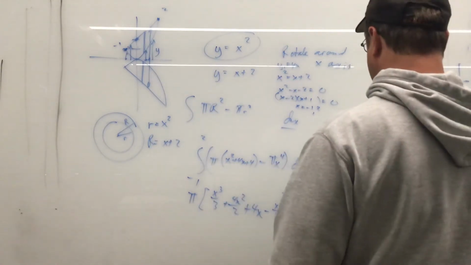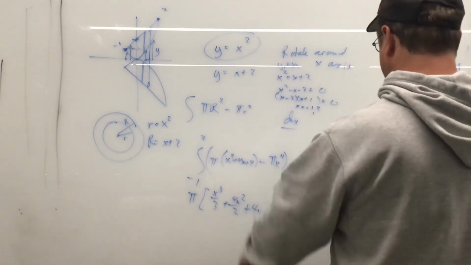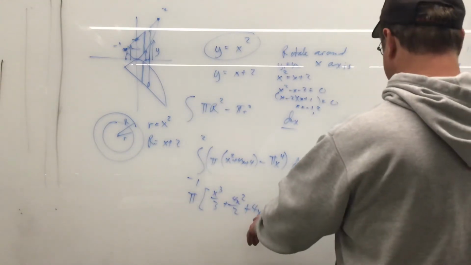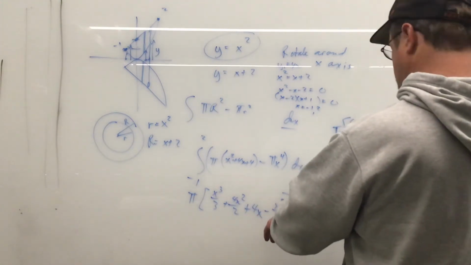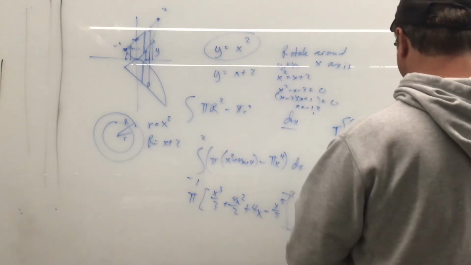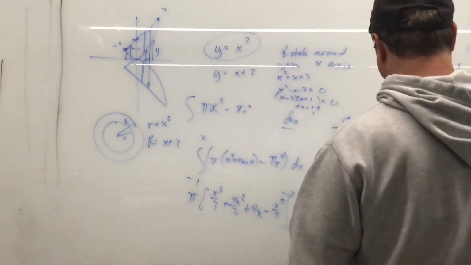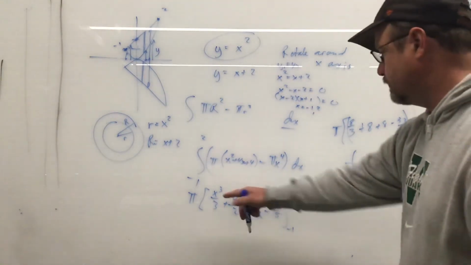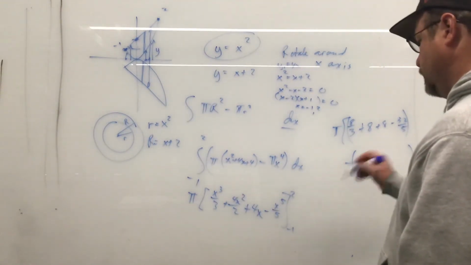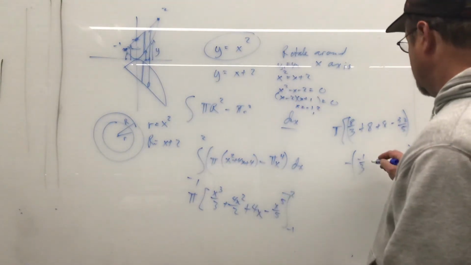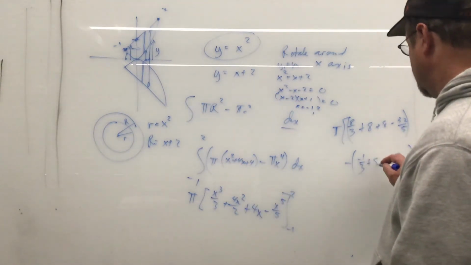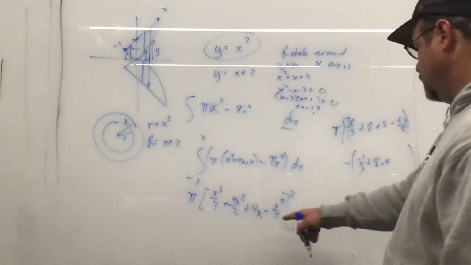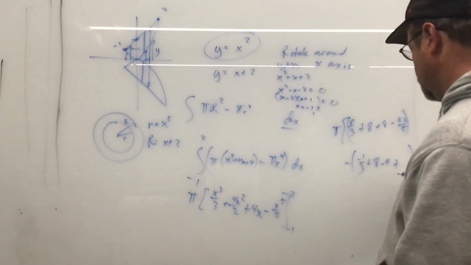Plug in the 2, I've got 8 over 3 plus 8 plus another 8 minus 32 over 5. And all of that minus, plug in negative 1, I've got minus 1/3. Plug in negative 1 here, I get plus 8. And plug in negative 1 here, I get minus 4. Plug in negative 1 here, I get plus 1 over 5.